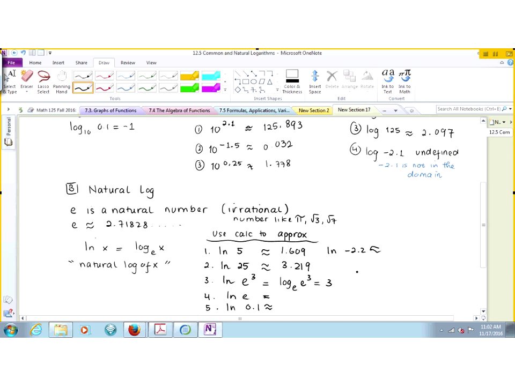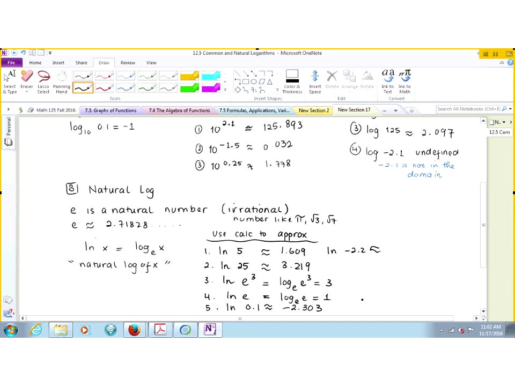This is exact, using the cancellation property, remember? How about ln E? Log base E of E equals 1. And ln 0.1, we need a calculator. It is negative 2.303.